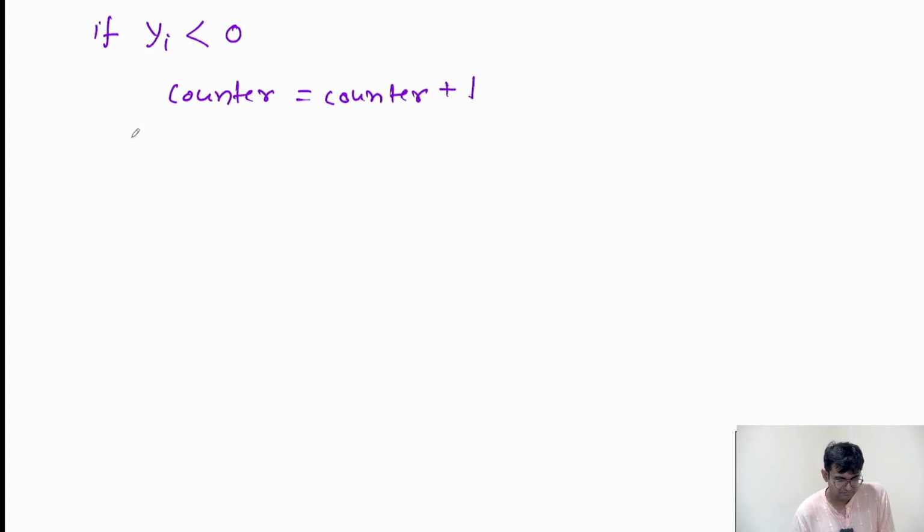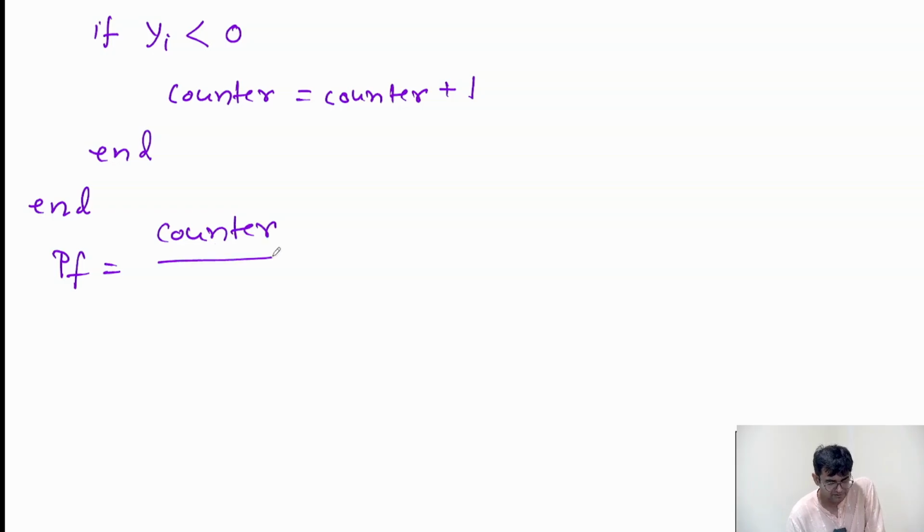Let me go to the next page. If yi is less than 0, counter is equal to counter plus 1, inside the if, inside the for loop. And then the probability of failure is equal to counter divided by n.